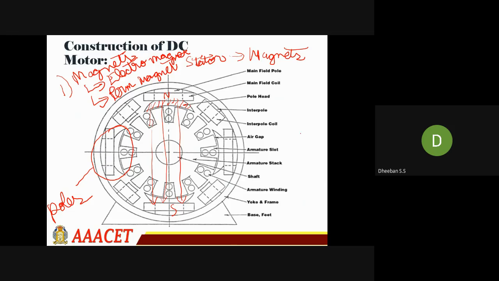You can take steel and wind it with a coil. After that you can pass electricity through it, and you can make this the electromagnet. Here this winding is called the field winding.